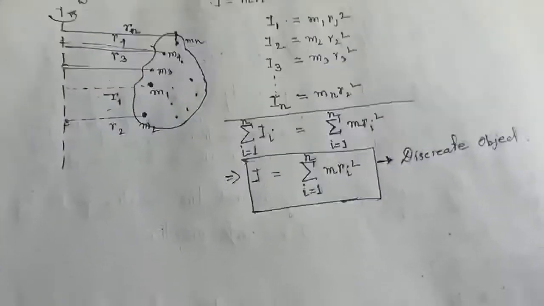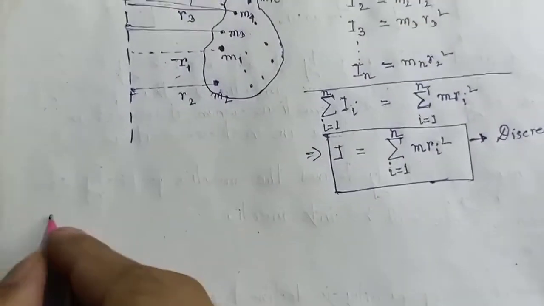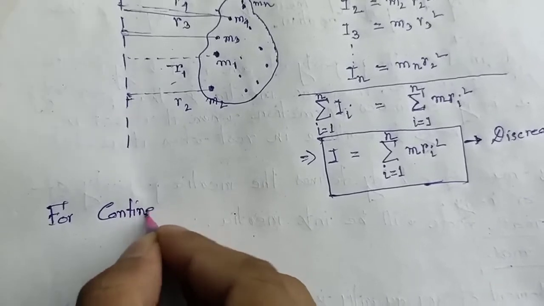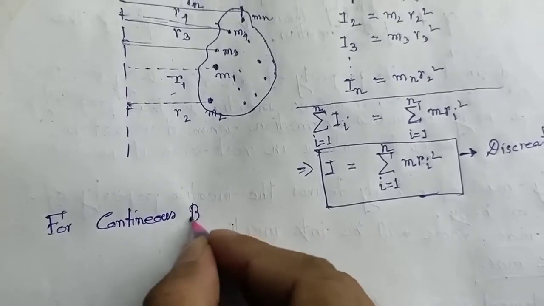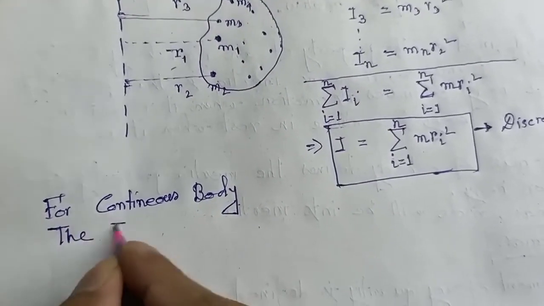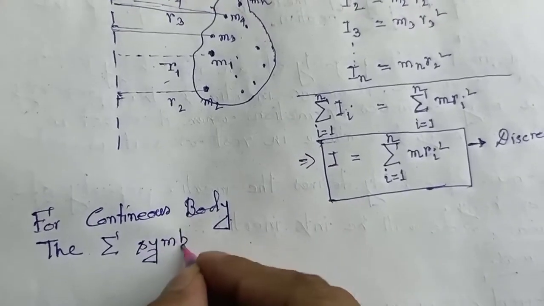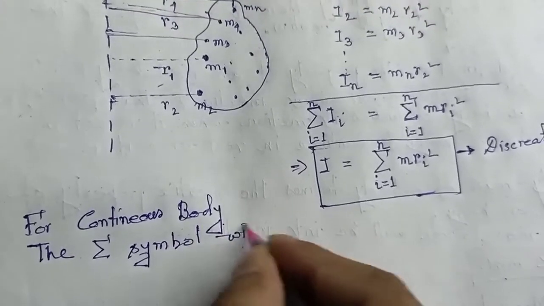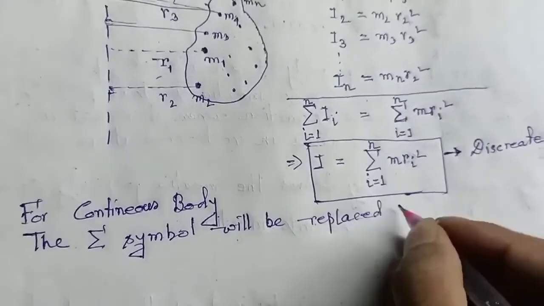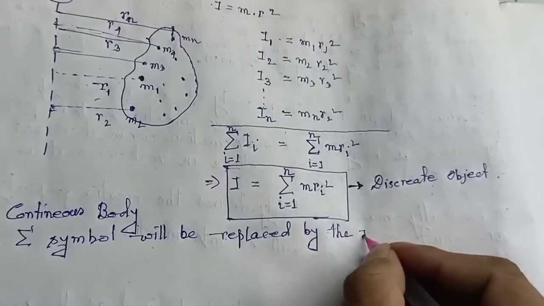Now if the object is not discrete, or it is a continuous object, a continuous body, the summation symbol will be replaced by the integral symbol.